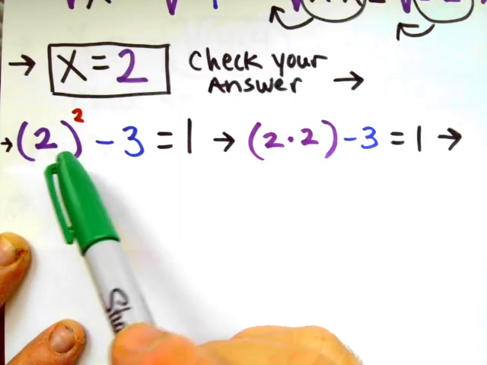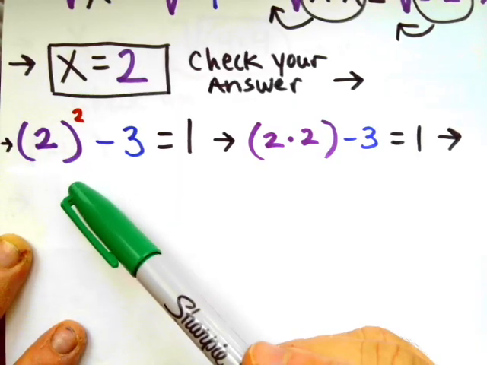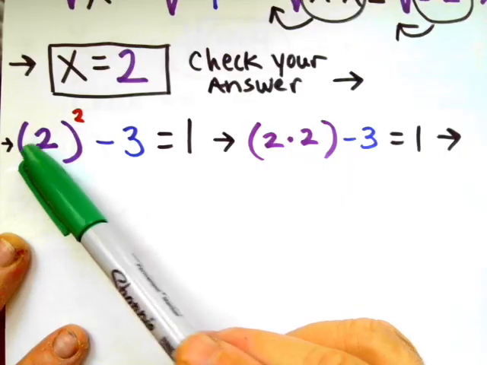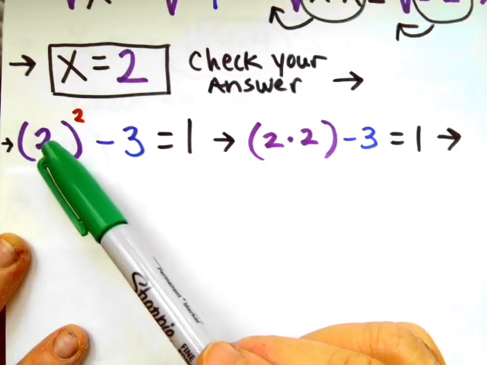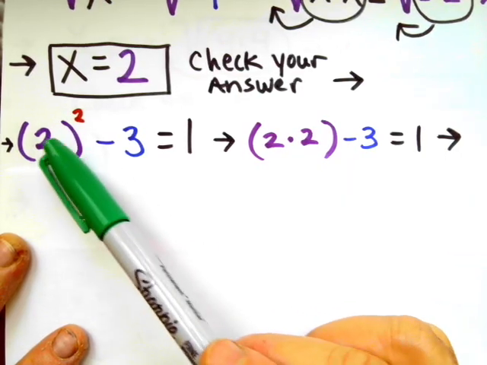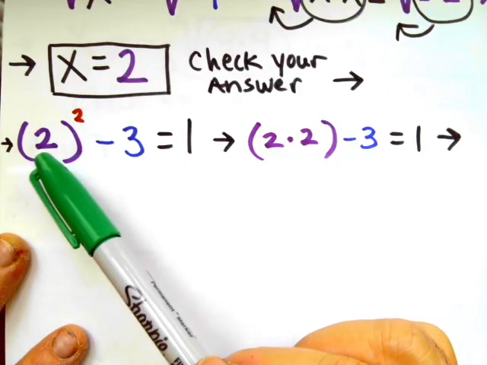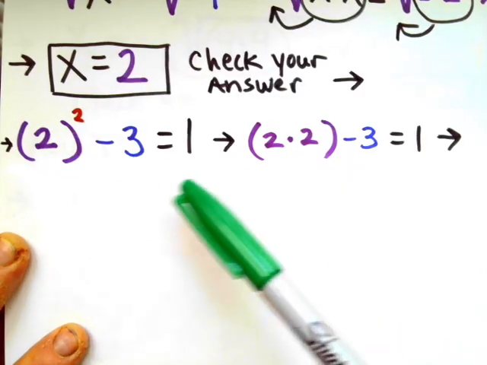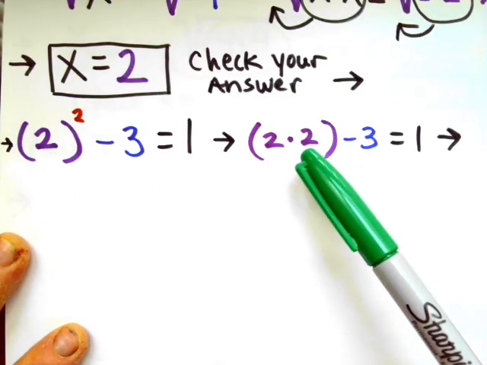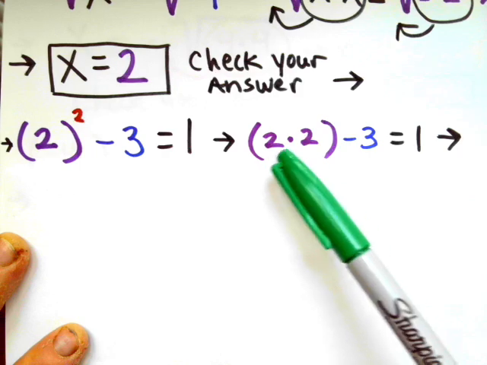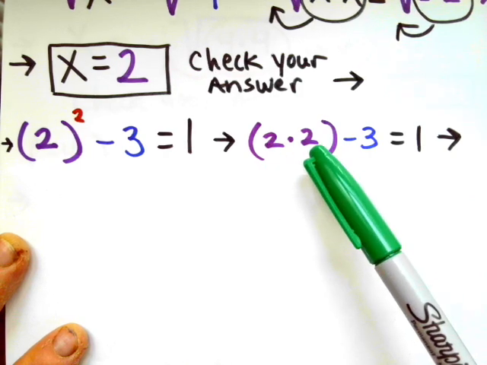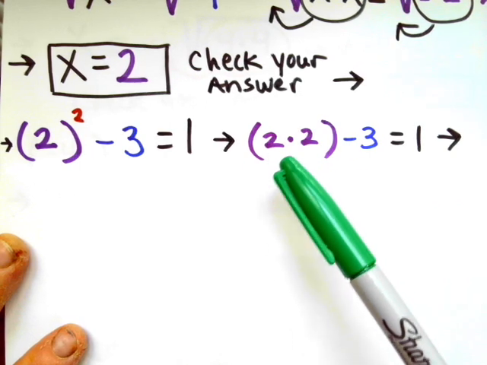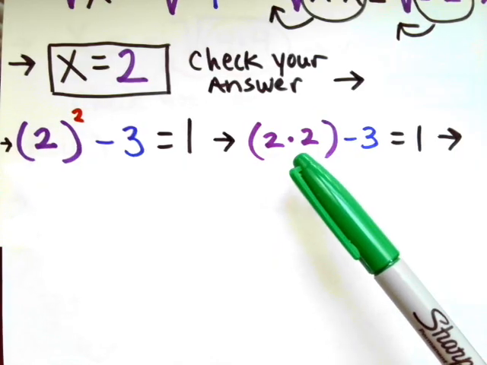Now I'm going to follow the order of operations to simplify first. Is there anything I can do? Remember PEMDAS. Is there anything I can do inside the parentheses? No. Next would be simplifying exponents, and I can. I can simplify this exponent. 2 squared is 2 times 2. Next in the order of operations, can I multiply or divide? I can. I can multiply 2 times 2.